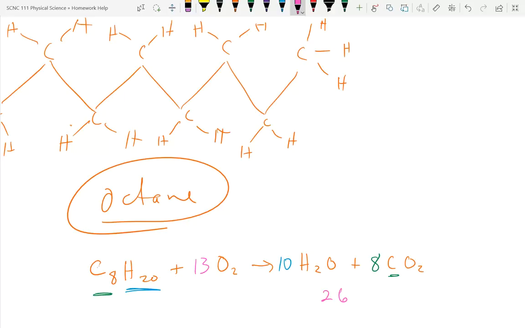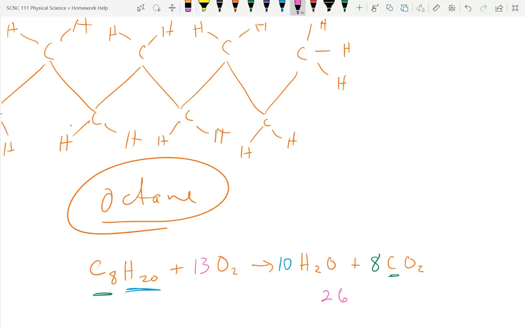If it burns perfectly, what is it producing? Carbon dioxide and water. What comes out of the tailpipe of your car? When you see a liquid coming out, that's not gasoline, thankfully. That's water, because water is one of the products of burning the gasoline.